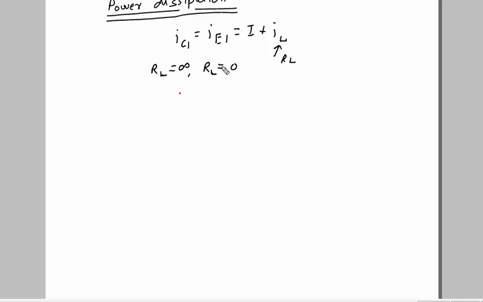Now if RL is infinite, it means IC1 will be only I, because when RL is infinite, IL will be 0. So if RL equals infinite, IC1 will be I and is constant.